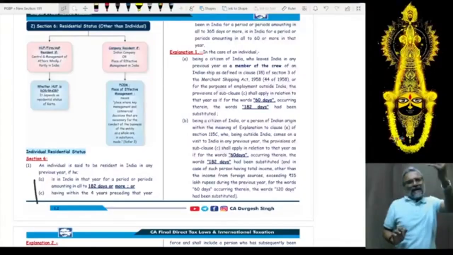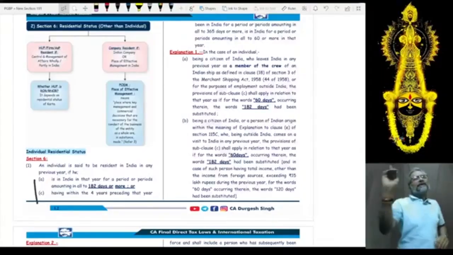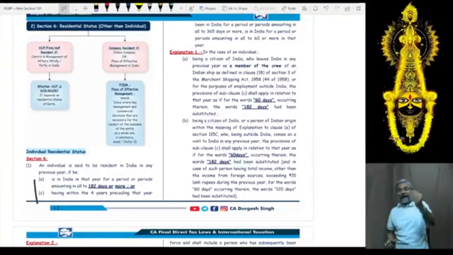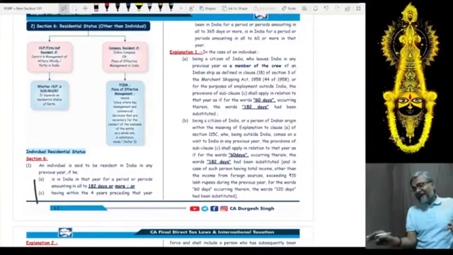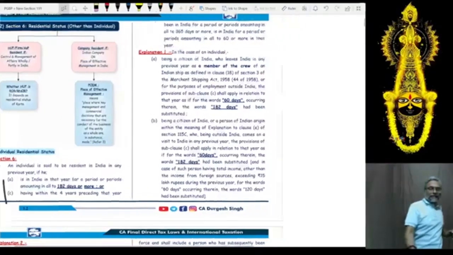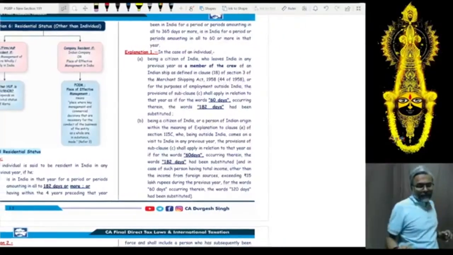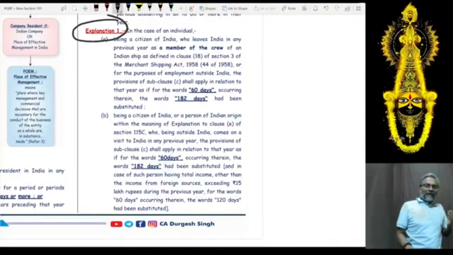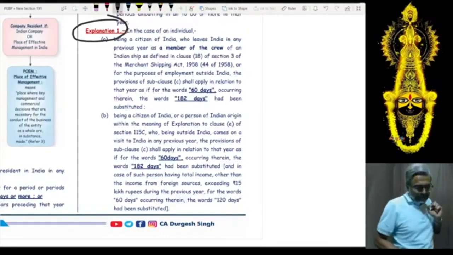If you satisfy either the first or the second basic condition, you will become a resident in India. However, in some cases, the second basic condition is not applicable, which is provided to you as per the explanation. So in that scenario, students, the second basic condition of 60 days is not applicable.